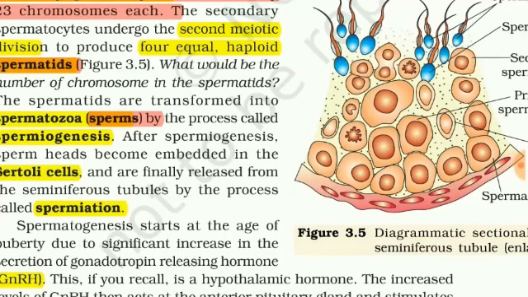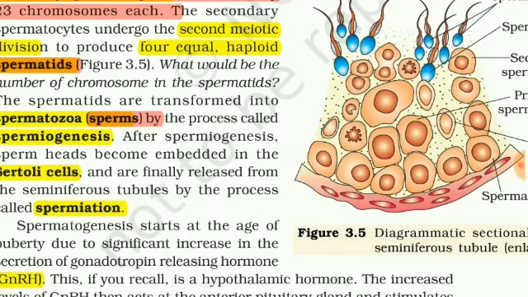The spermatid starts developing into spermatozoon. The developmental stages are: first the spermatogonium undergoes mitosis and produces primary spermatocytes. Primary spermatocytes undergo meiosis and produce secondary spermatocytes. Secondary spermatocytes develop into spermatids. Spermatids get nutrition from the Sertoli cells and develop into spermatozoon.